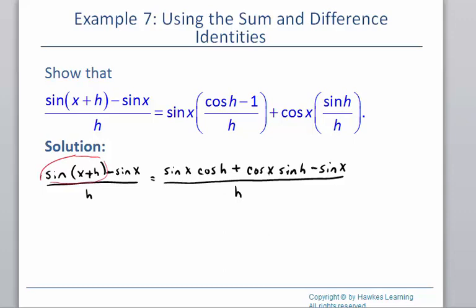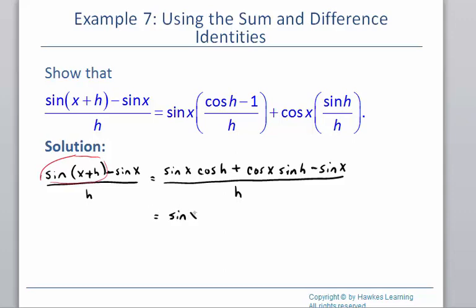Now, what I notice as I'm looking at this is that the second part of the equal to, I kind of have that here. If I look at this term right here, cosine x sine h, that's the top part of this fraction here, cosine x sine h, and it can be over h. So I think what I'm going to do is rearrange my terms a little bit.